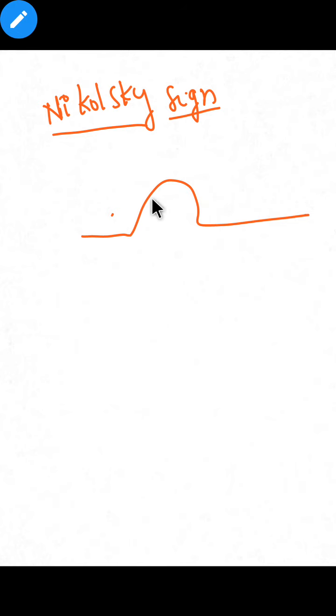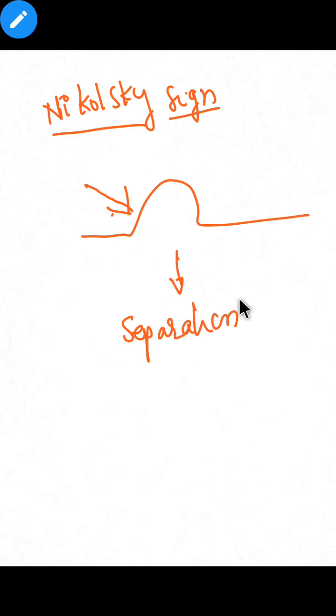When you apply pressure on these blisters, what happens is there will be separation of epidermis.